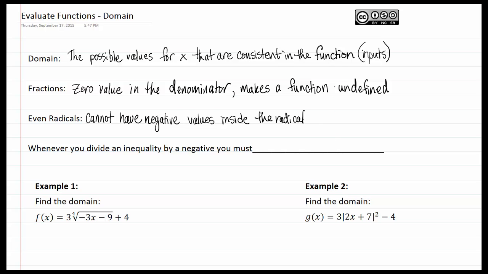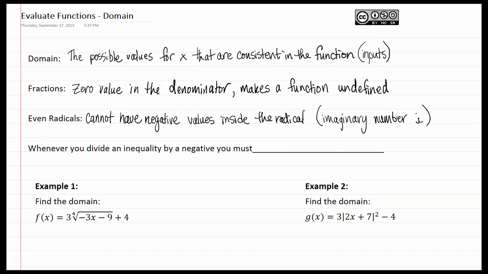It's kind of hard to visualize something like this, but basically you would get something called an imaginary number. We call it i, and you'll learn more about i in future lectures. But imaginary numbers are not good when we're talking about a domain of a function with a radical in it for the purpose of this lecture.